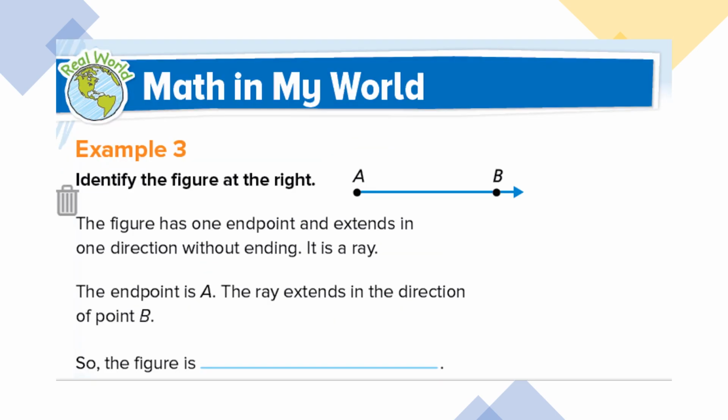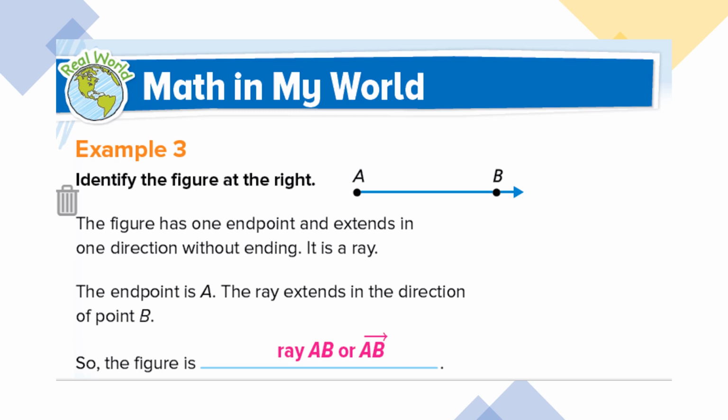Okay, let's continue. Example 3. Identify the figure at the right. The figure has one endpoint and it has an arrow pointing in one direction without end. So that would be called ray AB. And it could be written with the word ray, or you could draw a ray above the capital letters AB. I often think of this like a ray of sunshine.